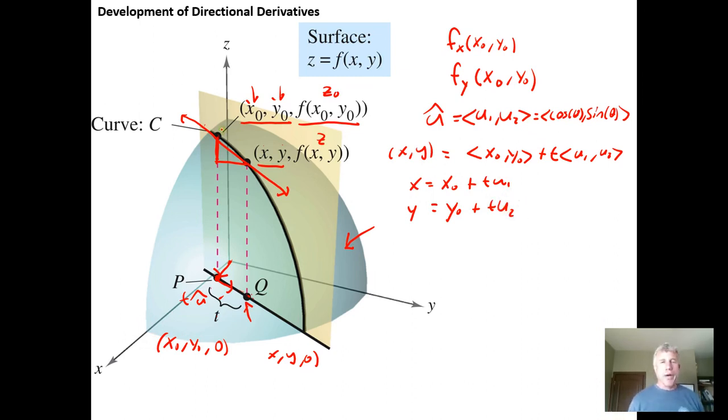So right here, what we want to recognize is that the slope of the secant line is going to be the rise over the run, but the run's just going to have length t. And the rise is going to be the change in z, which is just going to be z minus z naught.